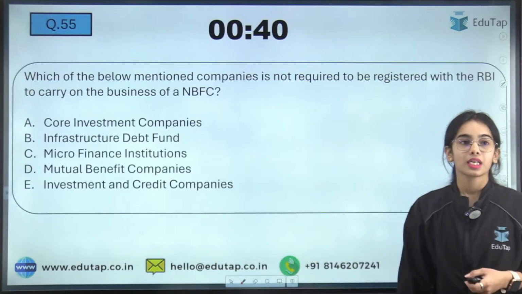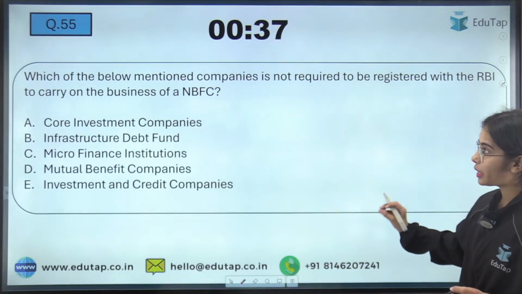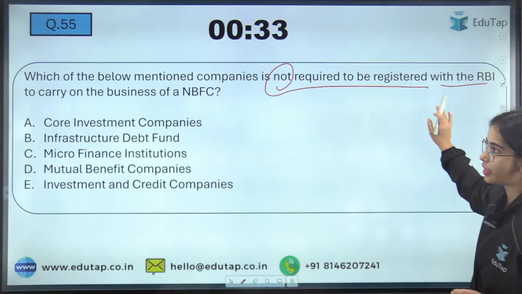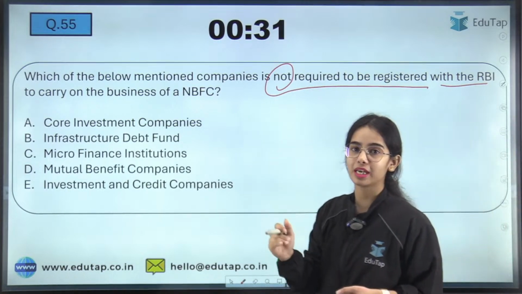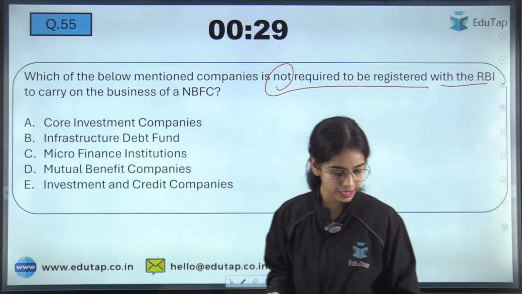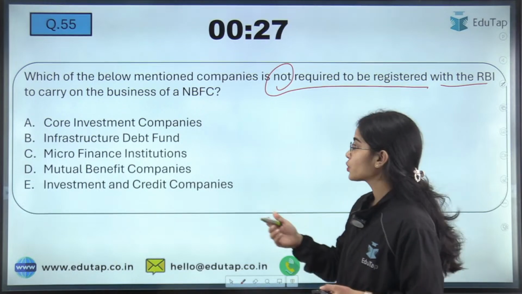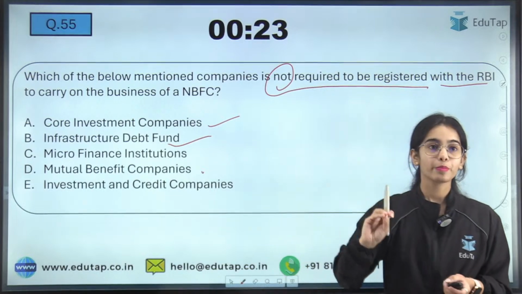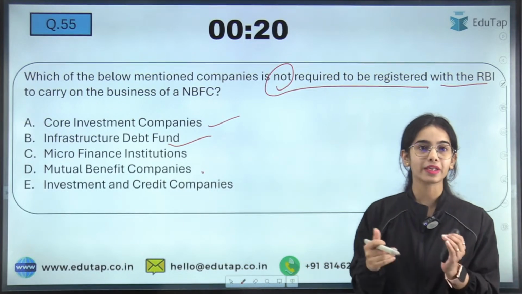Okay. Coming to the next question, which of the below mentioned companies is not required to be registered with the Reserve Bank of India to carry on the business of a NBFC? Which of the following is the correct answer here? Core investment companies, infrastructure debt fund, microfinance institutions, mutual benefit companies, investment and credit companies.